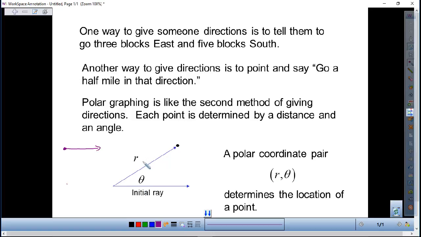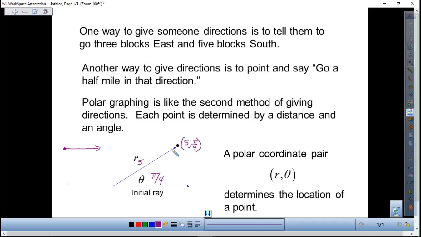So this point, let's say this is 5, and this is an angle of, let's say, pi over 4. We would actually define this point as 5 comma pi over 4. That would be how we would do the coordinate pair in polar system.